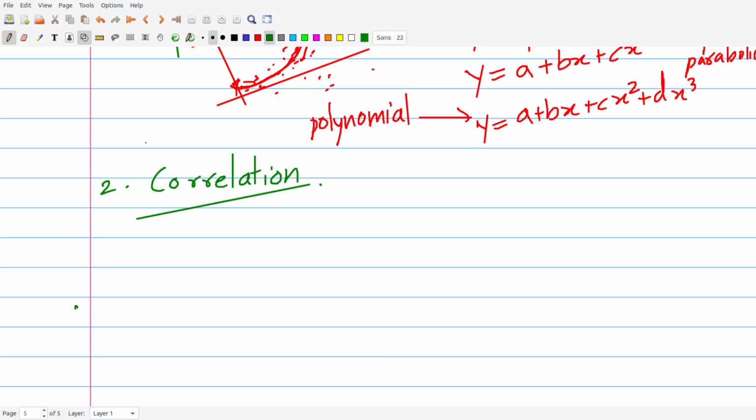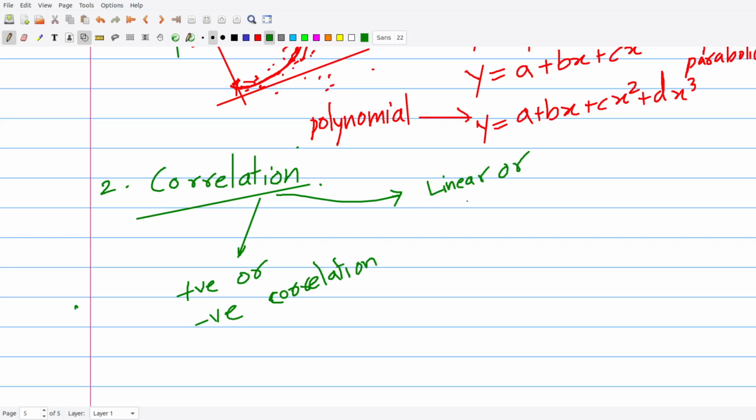There are two types of correlation. The first is either positive or negative correlation, and the second is linear or non-linear correlation.